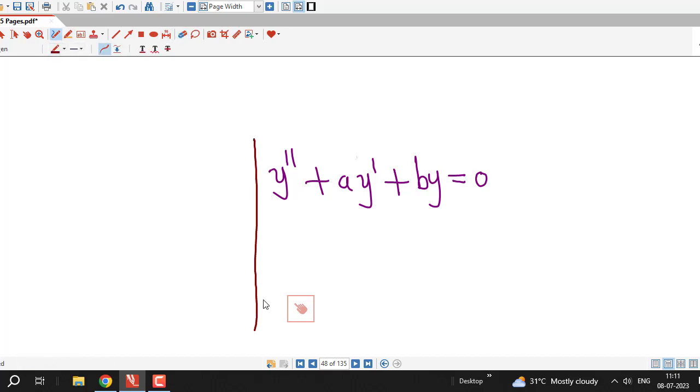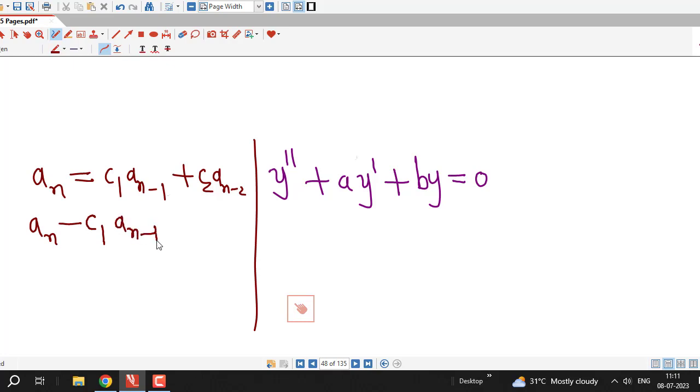linear differential equations. Here we have the recurrence relation a_n equal to c1 into a_(n-1) plus c2 into a_(n-2). This I can rewrite as a_n minus c1 into a_(n-1) minus c2 into a_(n-2) equal to 0.